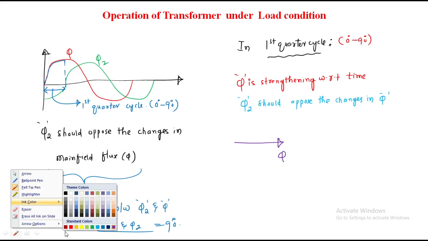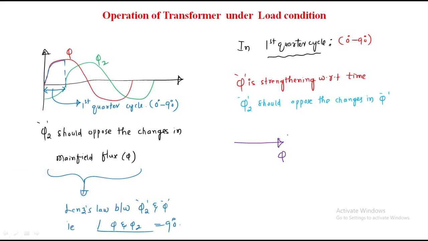It has to oppose the changes in main field flux. That's why phi 2 should act in the opposite direction, right? Because phi is strengthening with respect to time, in order to oppose this change, phi 2 should act in the opposite direction in order to satisfy Lenz law. So what will happen if phi is like this and phi 2 is like this?